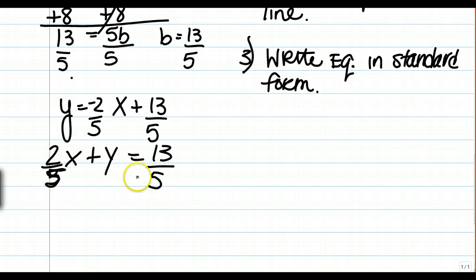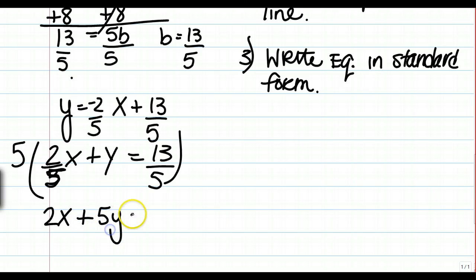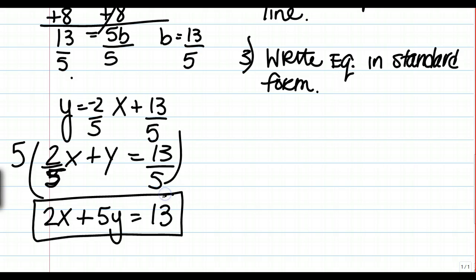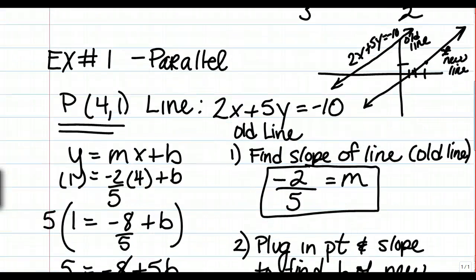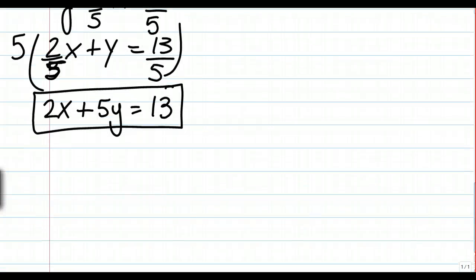We know it's a positive, but I can't have any fractions, so I'm going to multiply everything by 5. So I'm going to get 2x plus 5y equals 13, and this is my equation in standard form. So I found a new equation parallel to the old equation. Okay, and this would be my answer.